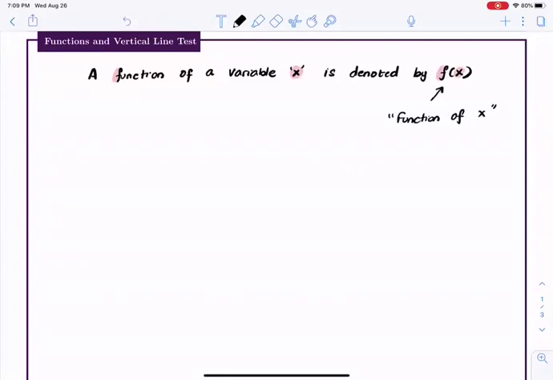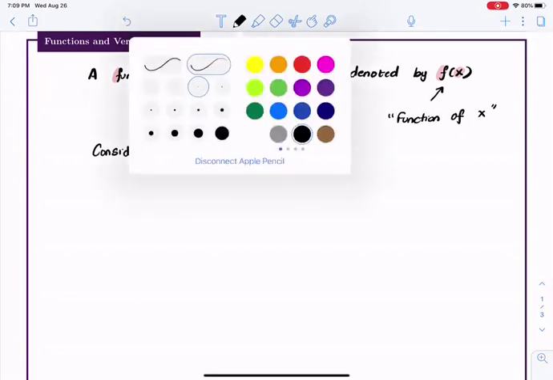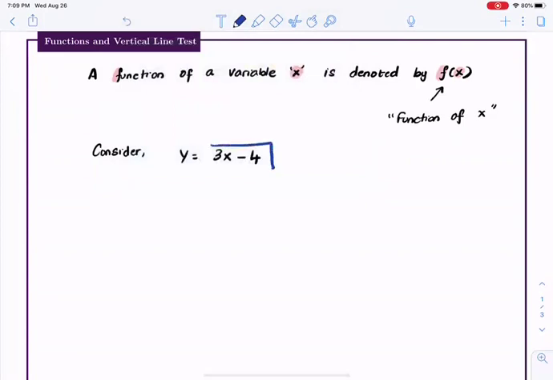If we recall in the previous video, we had a bunch of equations. So when we write an equation, for instance, y equals 3x minus 4. Now we have one part, that 3x minus 4 is on the right-hand side.